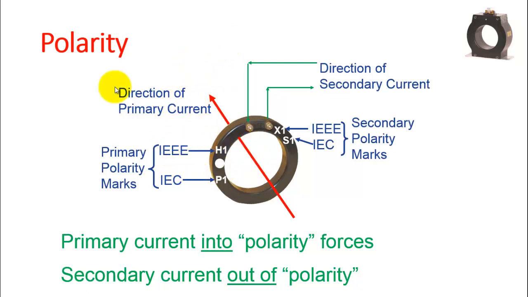So let's say that the direction of the current is in this direction as shown by the red arrow. If the current flows in this direction, then the direction of the secondary current will be just like this as indicated by the arrow. Similarly, if you reverse the polarity, the direction of the current produced by the secondary will also reverse.